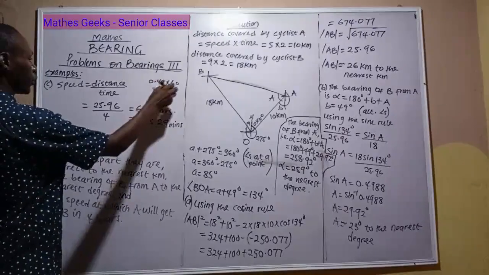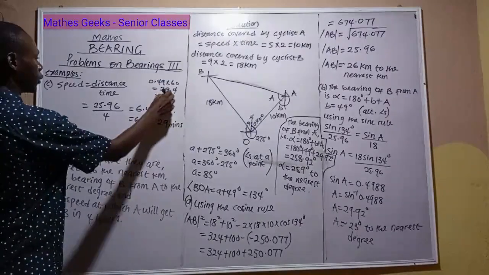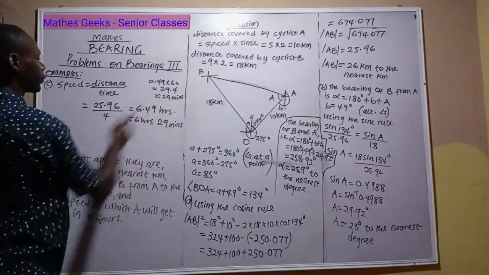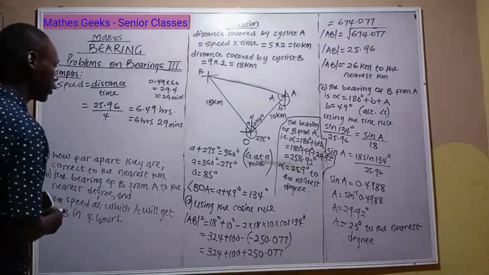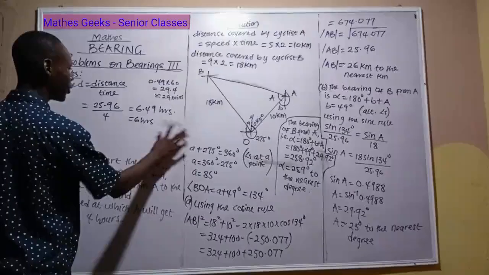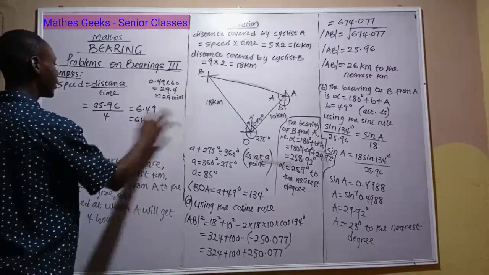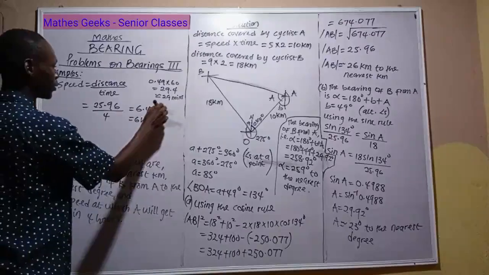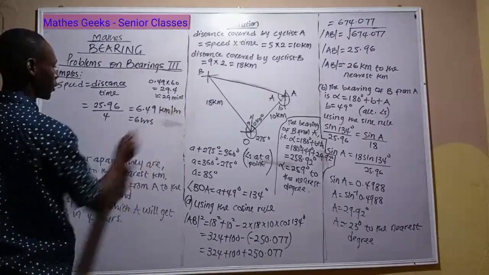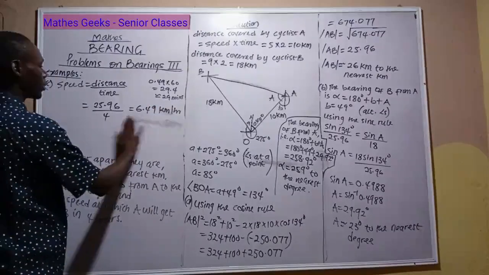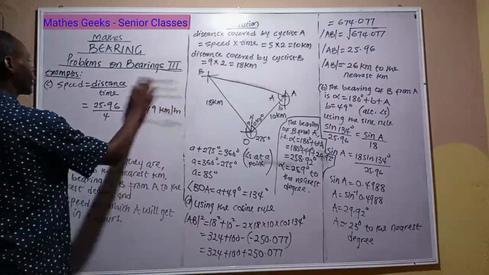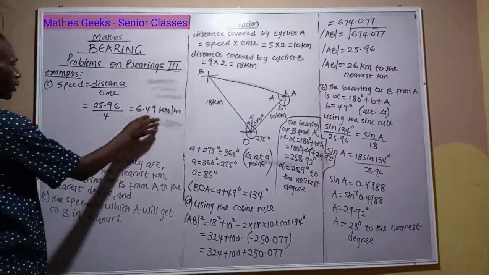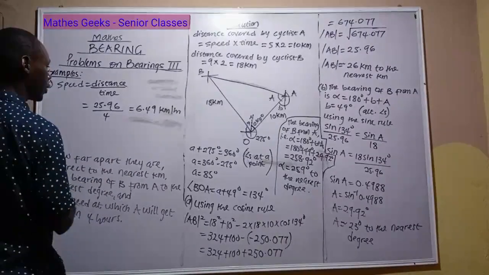Approximating to the nearest minute, that's approximately 29 minutes. So it's 6.49 hours or 6 hours 29 minutes. This is supposed to be for time. This is speed, so it's going to be kilometers per hour. Sorry about that. So this one is not necessary. We're not told to calculate time. It's speed, so it's supposed to be 6.49 kilometers per hour. So that's the final answer.